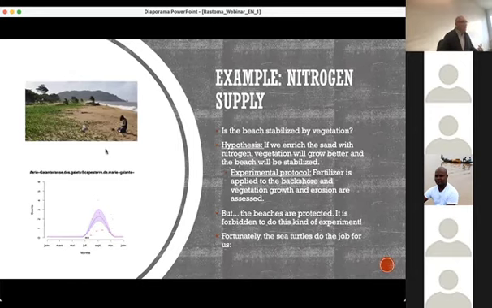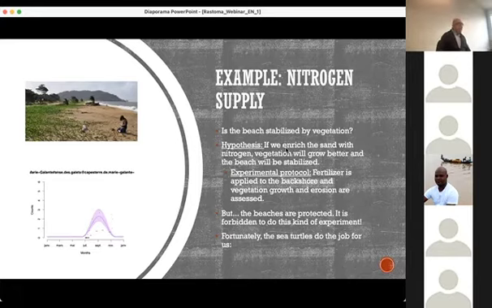It was in French Guiana. It was a student from the lab. And what we wanted to test is if the beach is stabilized by vegetation. We would like to know if the vegetation behind the beach permit to stabilize the beach and limit erosion.